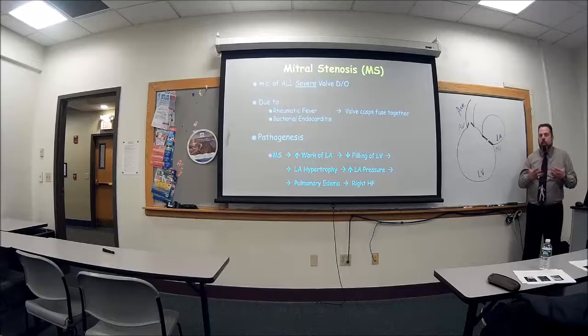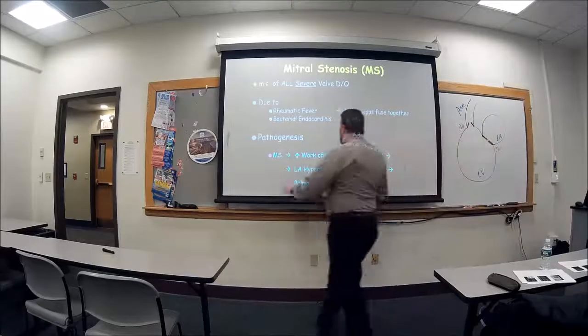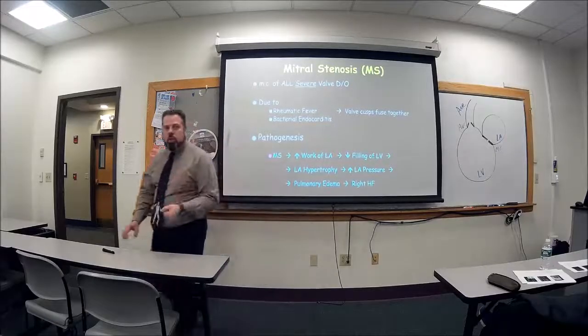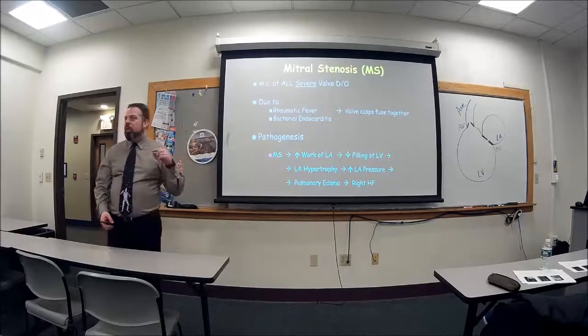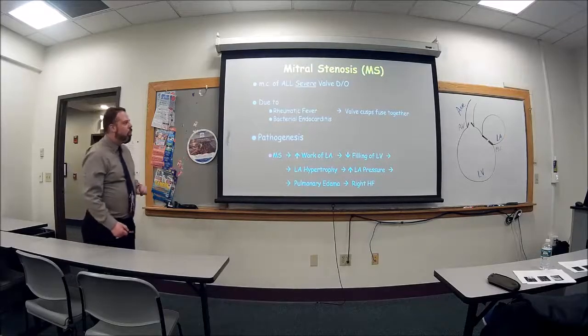Because now the right heart can't push all the blood forward because of the backup. Does that make sense? Right? So, again, this wouldn't make any sense if you don't know the blood flow to the heart. So that's why I said, make sure you know the blood flow to the heart before you even entertain valvular diseases. Okay?